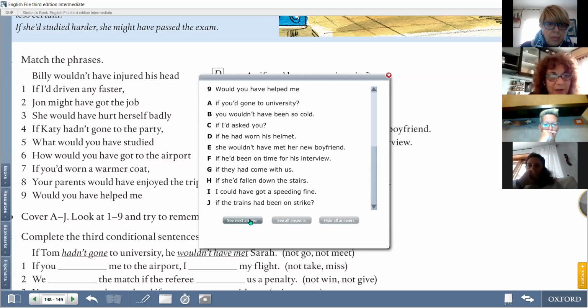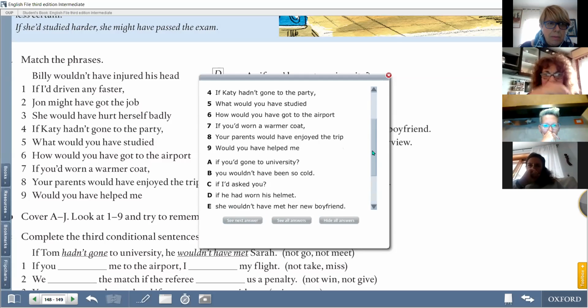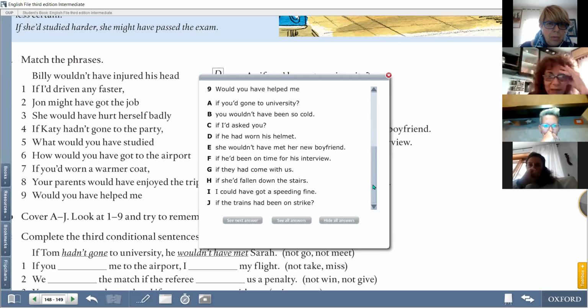If I'd driven any faster. Yes. To university. So I leave it this and that. Okay, così. If I've driven any faster, we can read them all together.